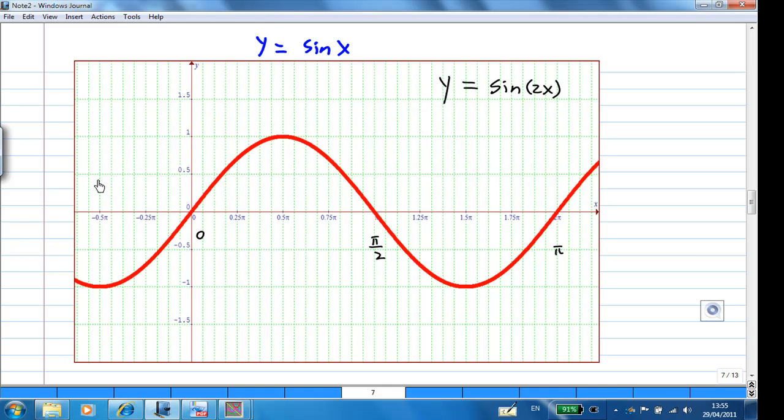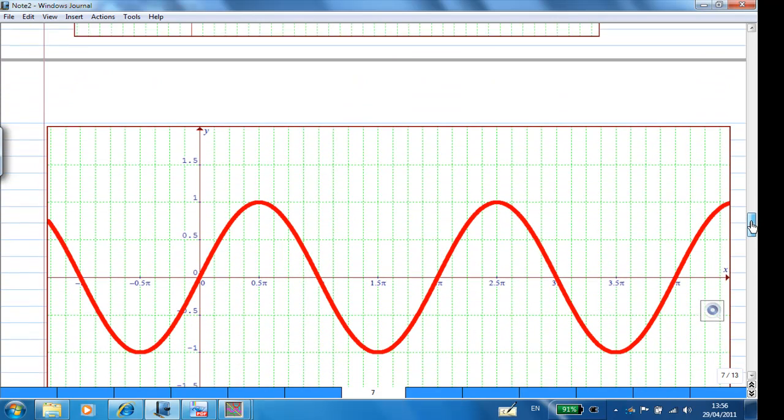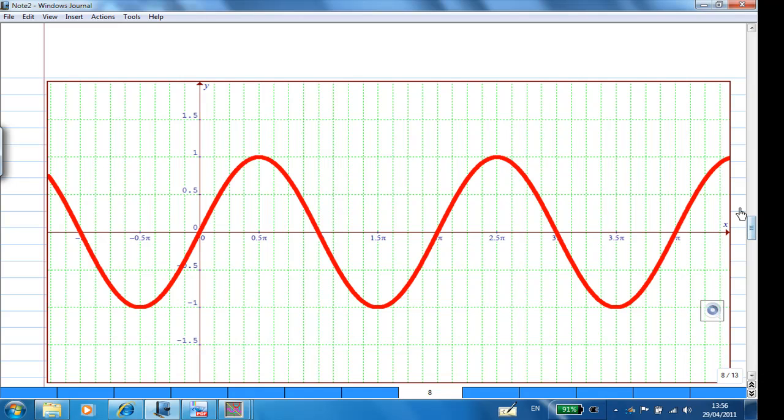This is the graph of y equal to sine 2x. So instead of ranging from 0 to 2 pi for the red curve, now the black curve looks like the same curve but ranges from 0 to pi. Now putting it together, this is how it looks: y equal to sine 2x.